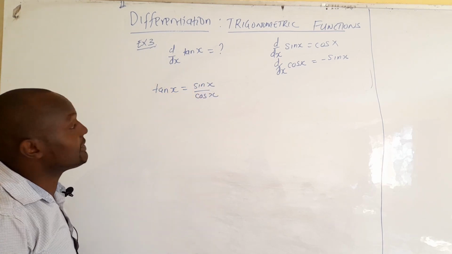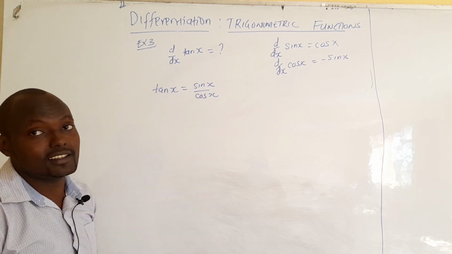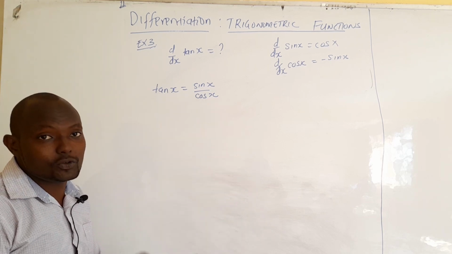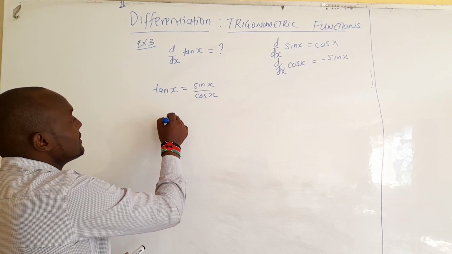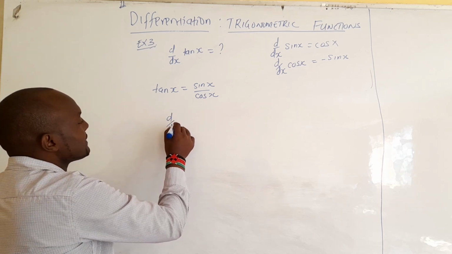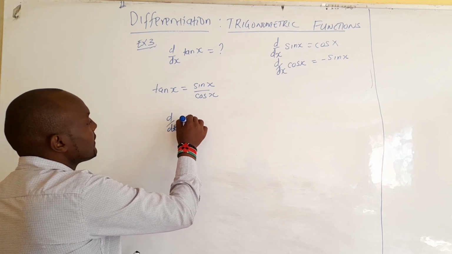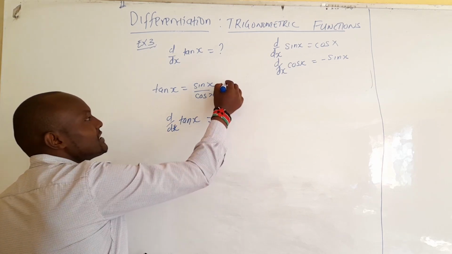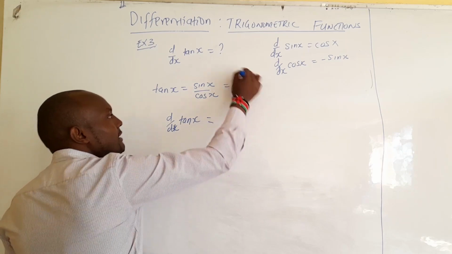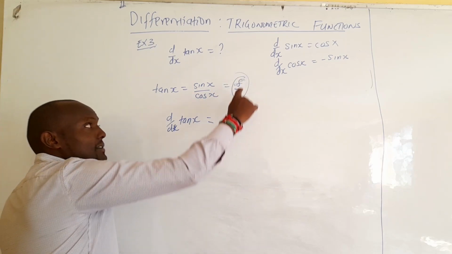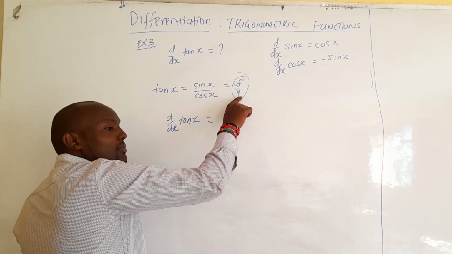So in this case, it's very simple. How do we differentiate this one? You can use the quotient rule, the rules of differentiation. The derivative of tan x will be, this is like differentiating f over g, the one we studied in our first calculus. We said you first differentiate the numerator where the denominator is constant.